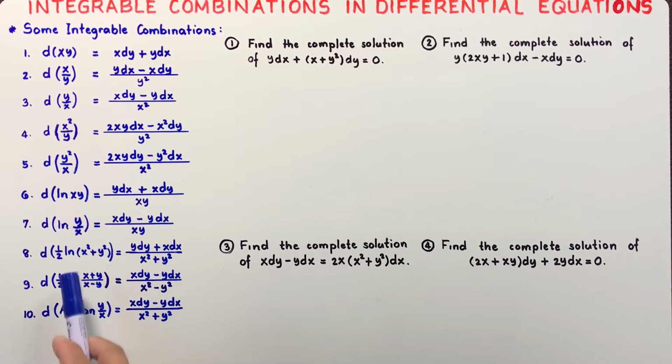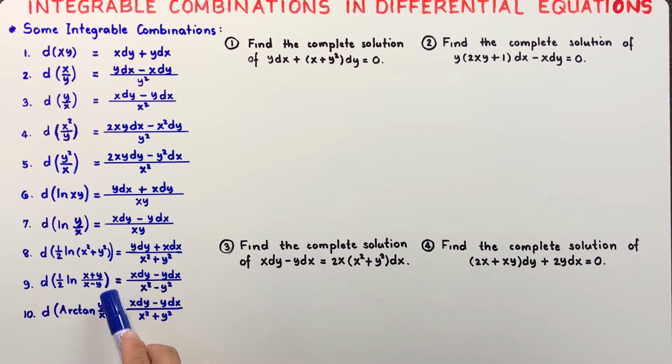And we have also here the implicit differentiation of 1/2 of the natural log of x squared plus y squared, and the result is y dy plus x dx all over x squared plus y squared.